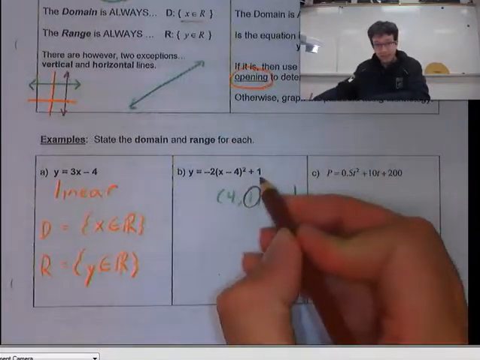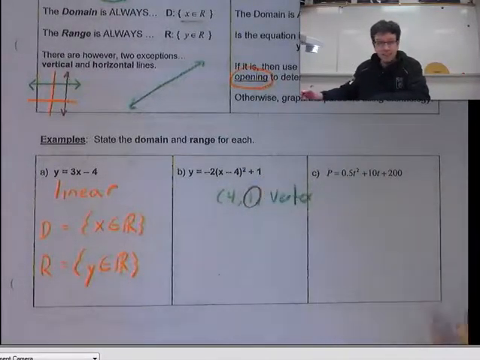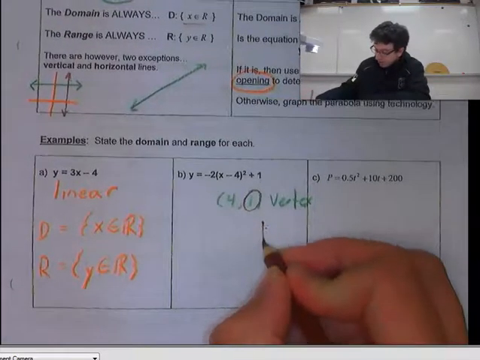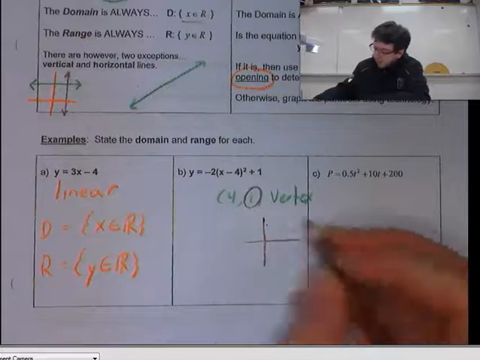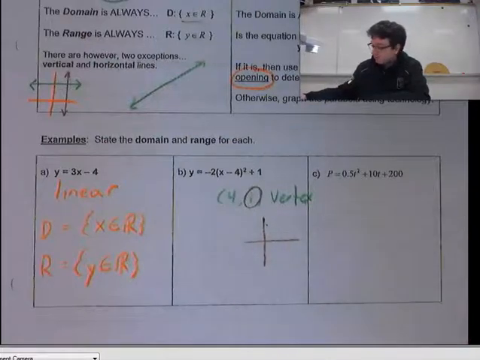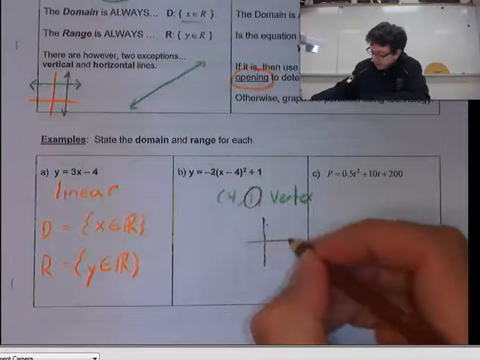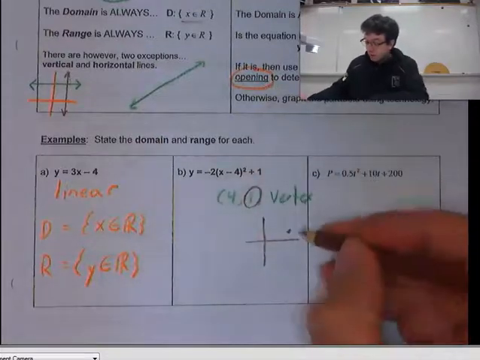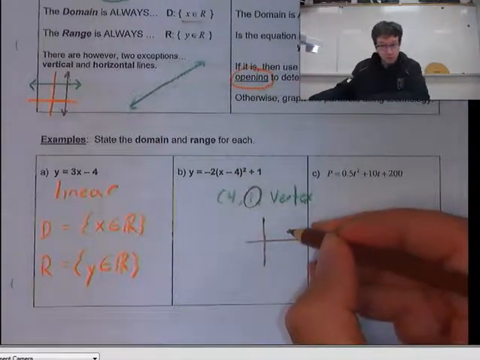It's our k value. That tells us the y value of the vertex. So if I were to draw the coordinate system, I know the y value is at 1. Now I can do the whole point. I can write (4, 1) here. So I know it definitely exists at the point 1.